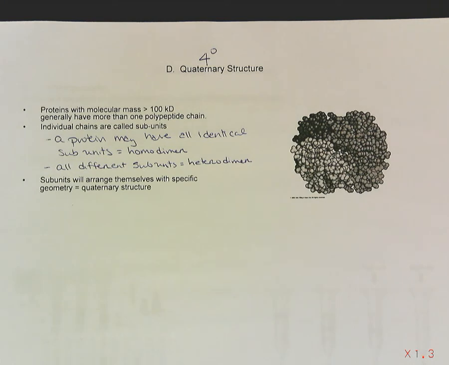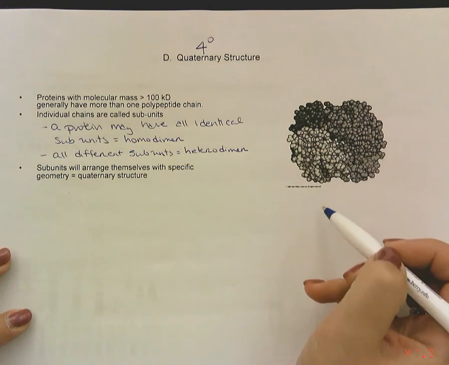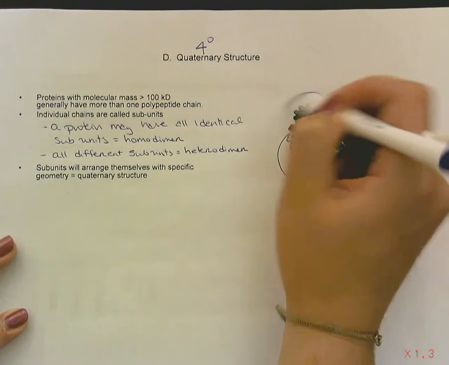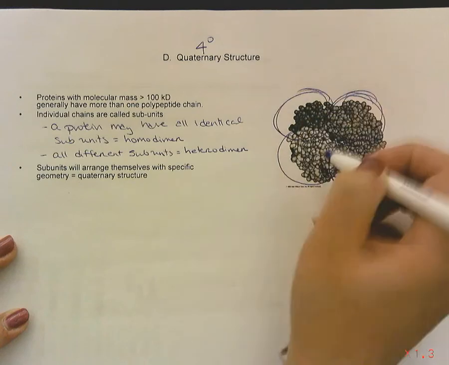Subunits will arrange themselves with specific geometry, which is called the quaternary structure. Here, it's not as beautiful in black and white as it is in your textbook, but this is a protein that has 4 different subunits.